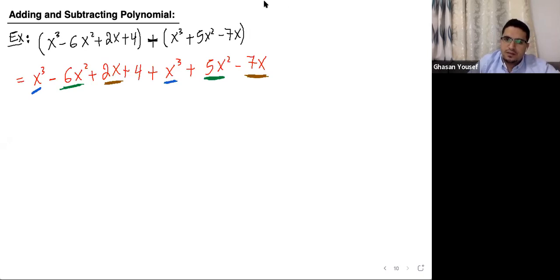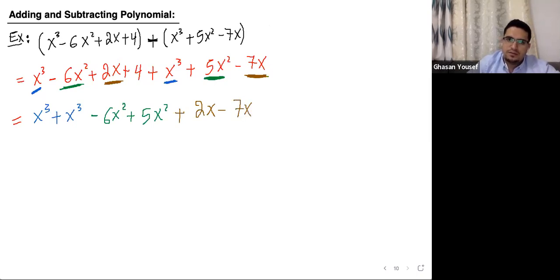So the answer now equals x to the power 3 plus x to the power 3, minus 6x to the power 2 plus 5x to the power 2. Now the last one is plus 2x minus 7x. And the number left by itself, plus 4.